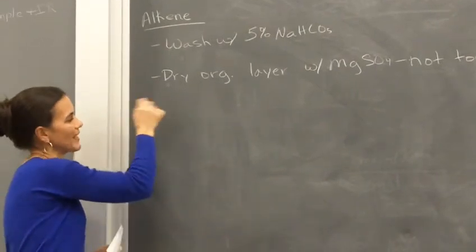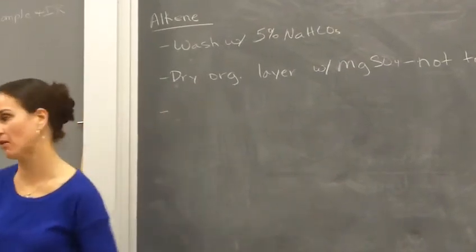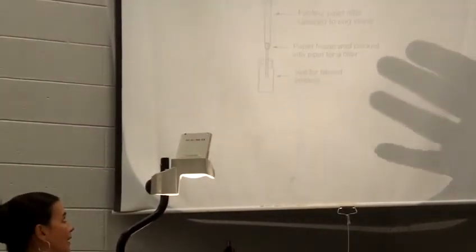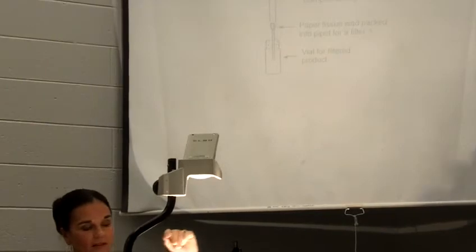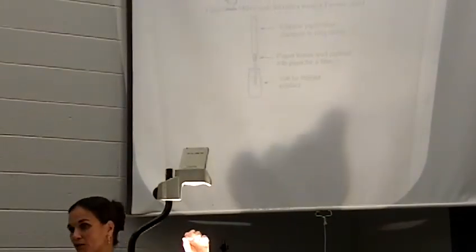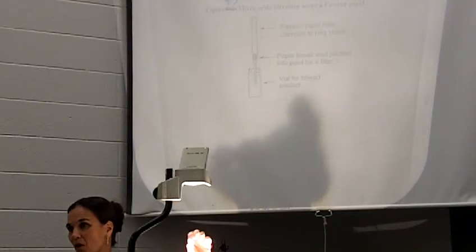Now because it is such a small amount of magnesium sulfate, the only reason you have experiment 9 in your lab manual is for this figure, okay? So here it is. So I guess we could say it's like 9, 10, and 11 this week. You are going to make what's called a filtering pipette to filter the magnesium sulfate because it's that small of an amount.